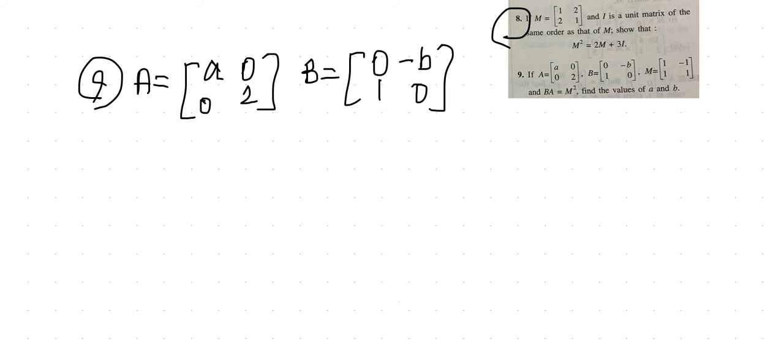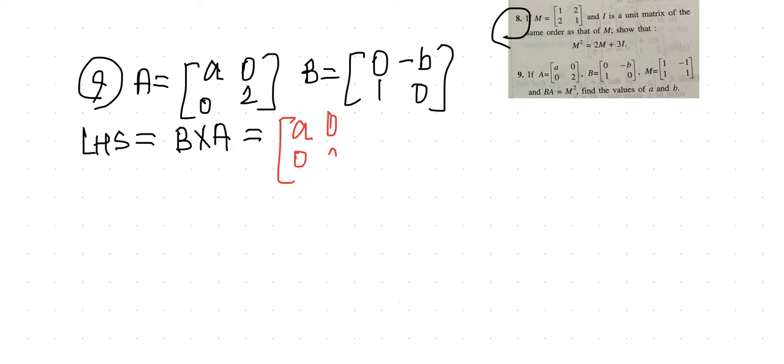So what I'll be writing, BA is equal to M square. LHS is equal to B into A. So you have to remember here, children, they have given B into A. Never take it as A into B, because then your sum will be wrong. Okay, so this is A0, 0, 2, 0, 1 minus B, 0.